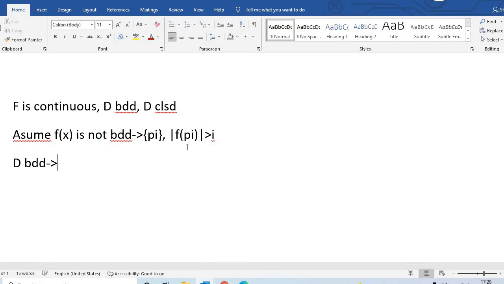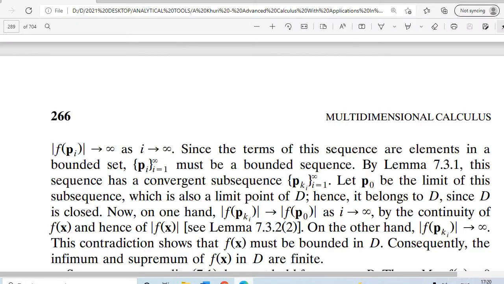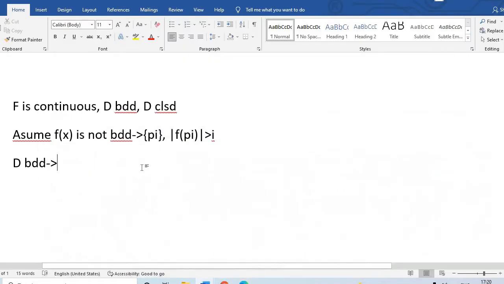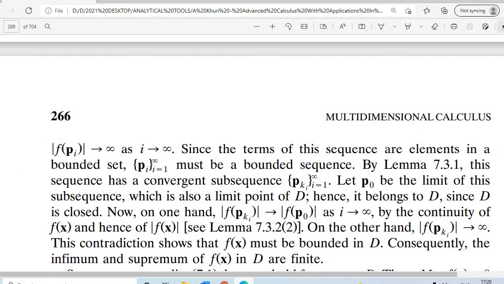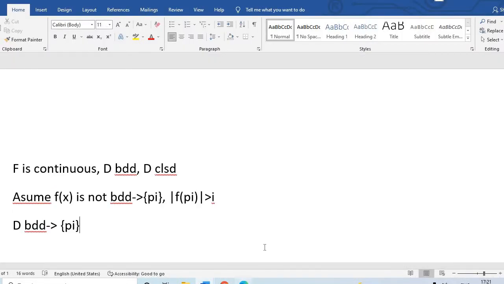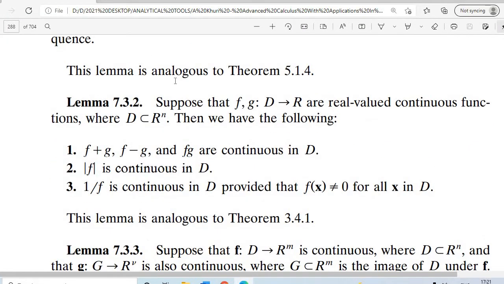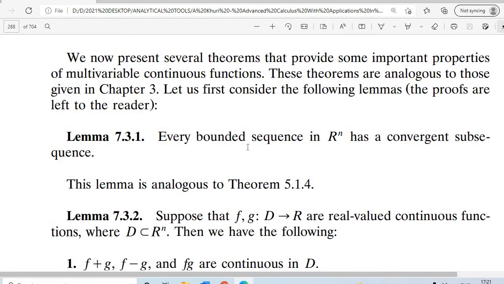D bounded means the points inside D are also bounded. Remember that the sequence pi, the sequence of elements in the domain, is bounded. Using the previous lemma, every bounded sequence has a convergent subsequence.